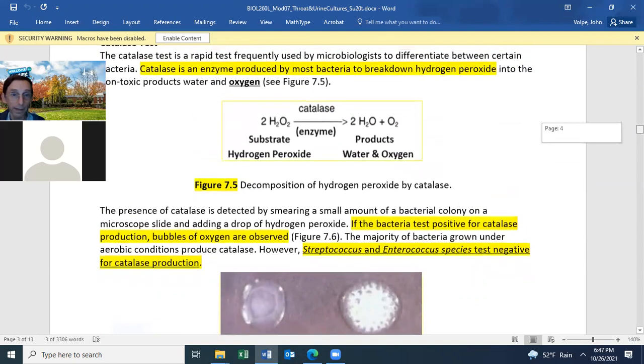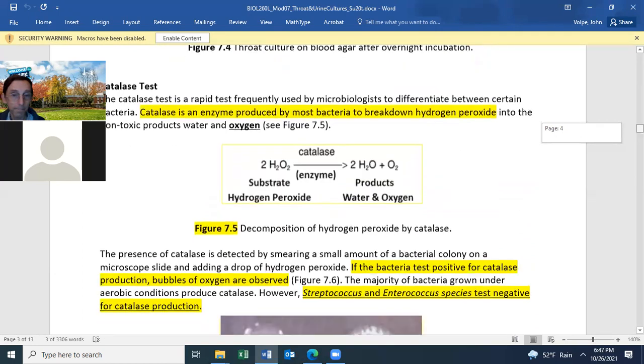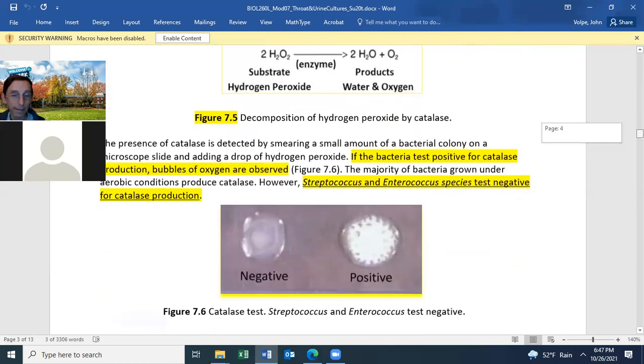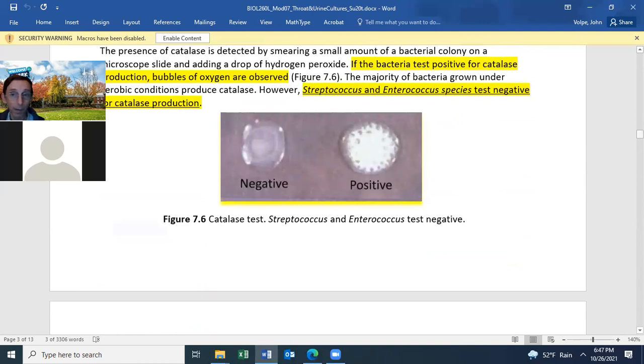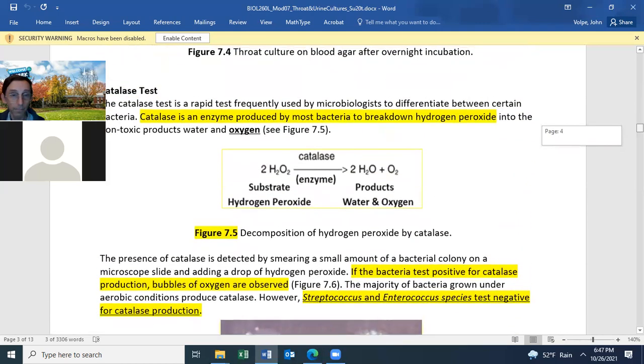Streptococcus pyogenes is catalase negative. Most organisms that grow in the air are catalase positive, because most organisms that grow in the air are exposed to oxygen, and oxygen can produce hydrogen peroxide, and this is a toxic substance to cells.